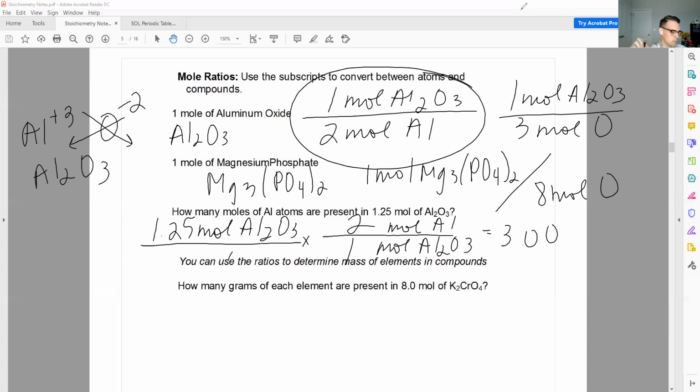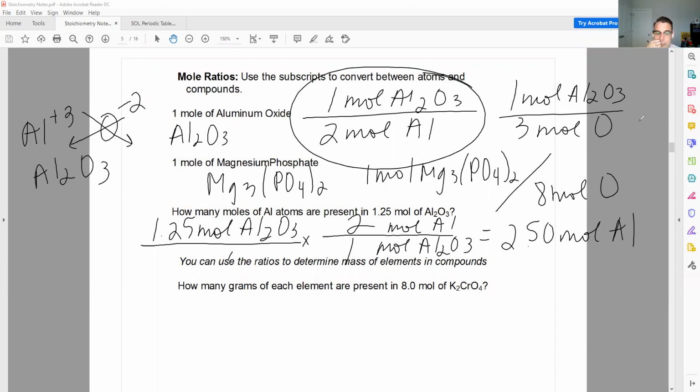Wait, that's not right, is it? 1.25 times 2. Oh, what am I doing? All right, you caught a mistake. Me. 2.50. Oh, why I wrote 3. 2.50 moles of aluminum.